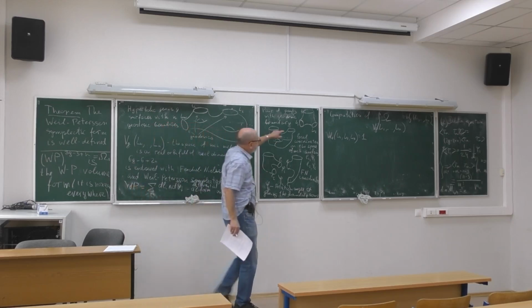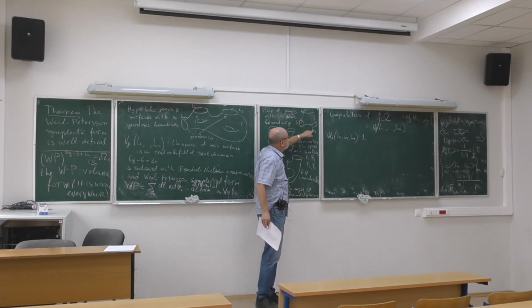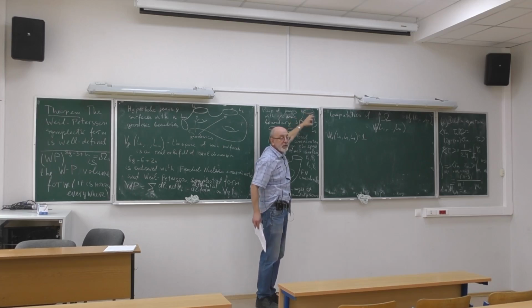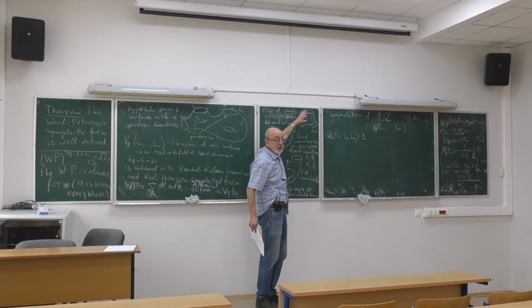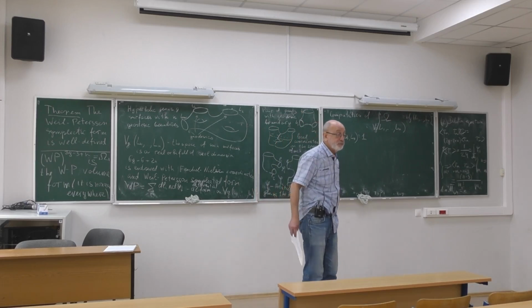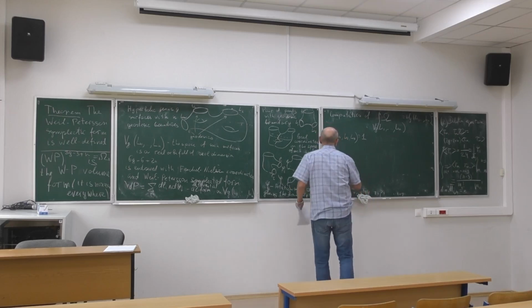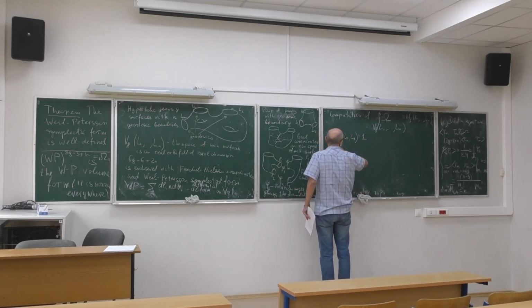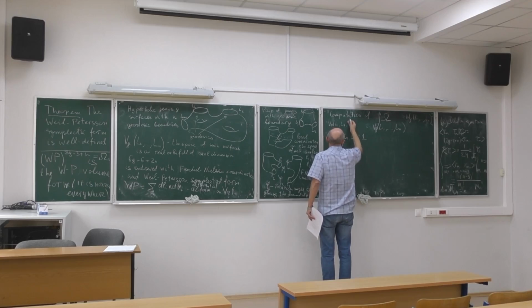For any triple of positive lengths L1, L2, L3, there is a unique hyperbolic pair of pants with geodesic boundaries of these lengths. Just a point.